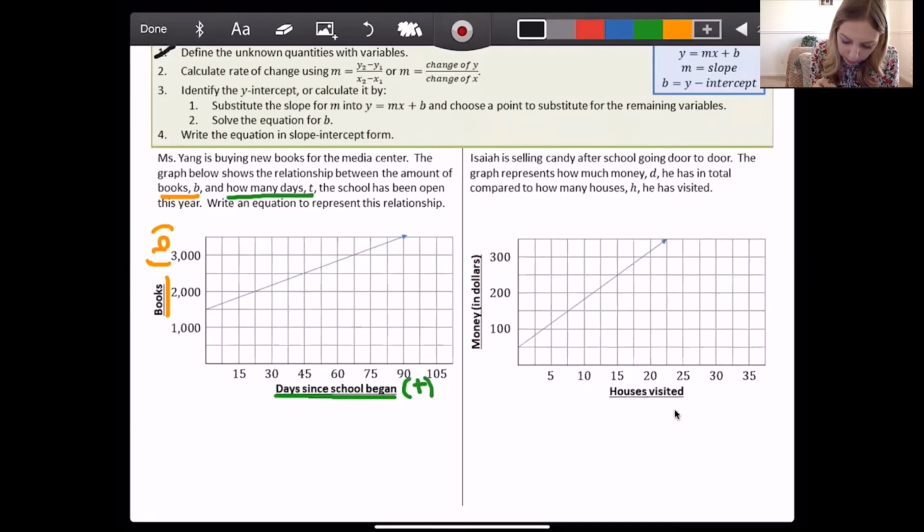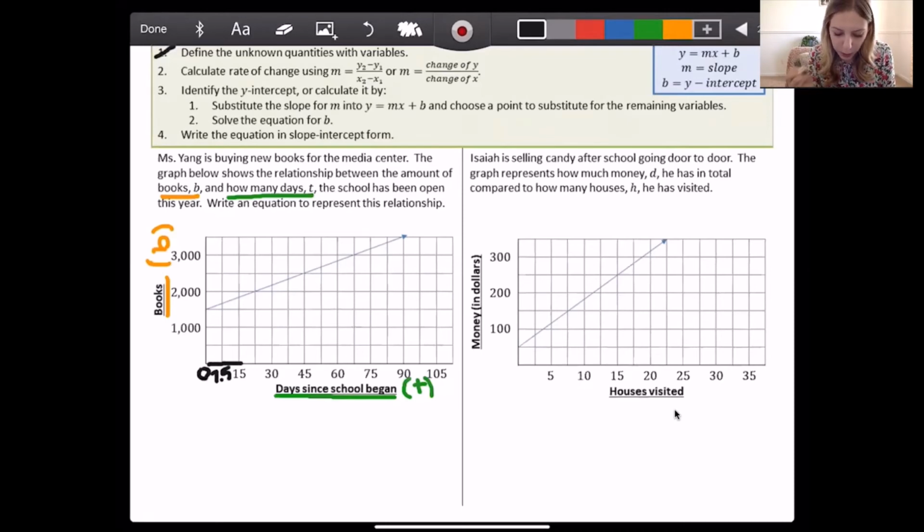So I'm going to pick, let's see. First, I see that my scale of my graph is going by, I'm not sure, so I'm going to calculate that. I know this is 0 to 15, and this is 2 spaces. So 15 divided by 2 is 7.5. So my graph's going by 7.5.